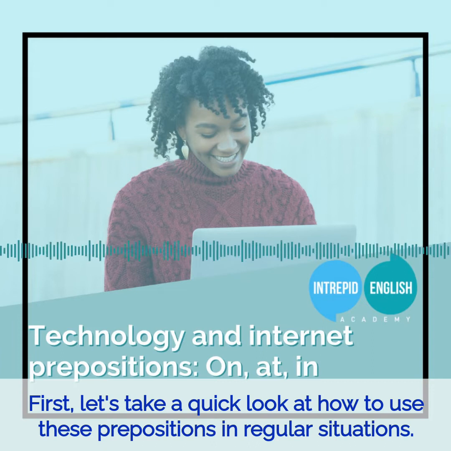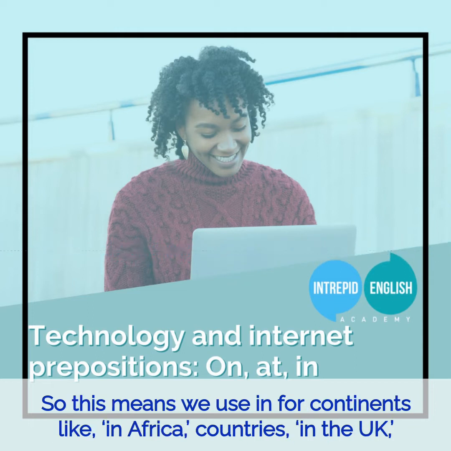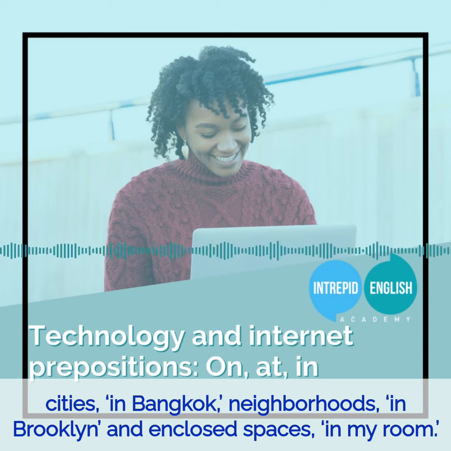First, let's take a quick look at how to use these prepositions in regular situations. So in general, we use in for more general areas and long time periods. So this means we use in for continents, like in Africa, countries, in the UK, cities, in Bangkok, neighborhoods, in Brooklyn, and enclosed spaces, in my room.